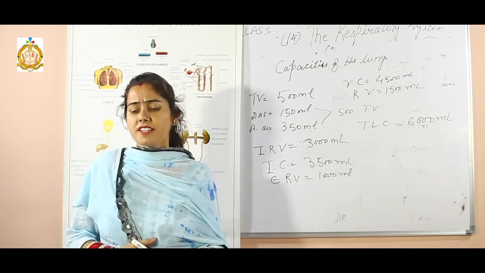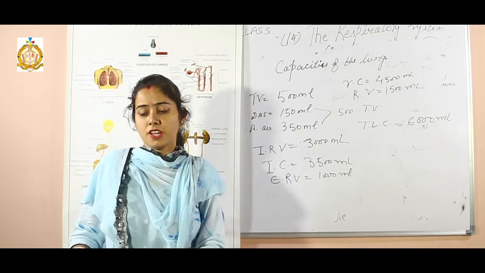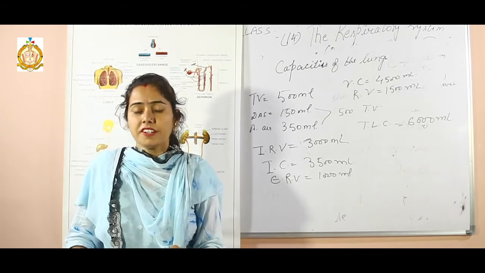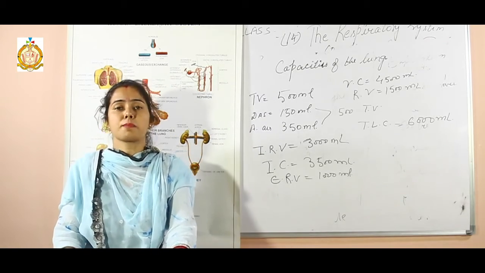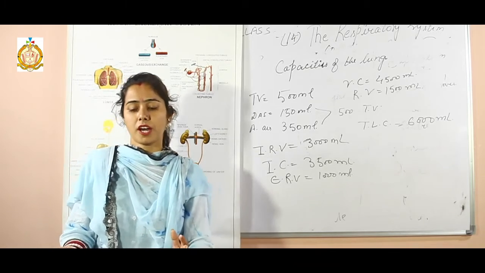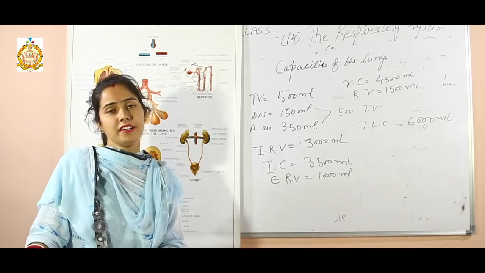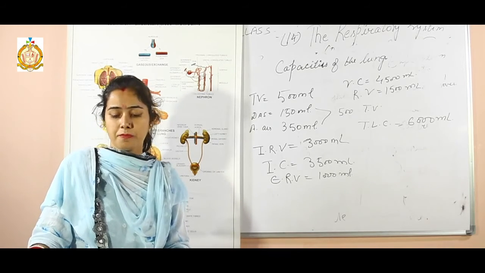Quality-wise, the expired air differs from the inspired air in the following respects. It contains less oxygen, more carbon dioxide, more water vapor, and it is warmer and contains some bacteria.